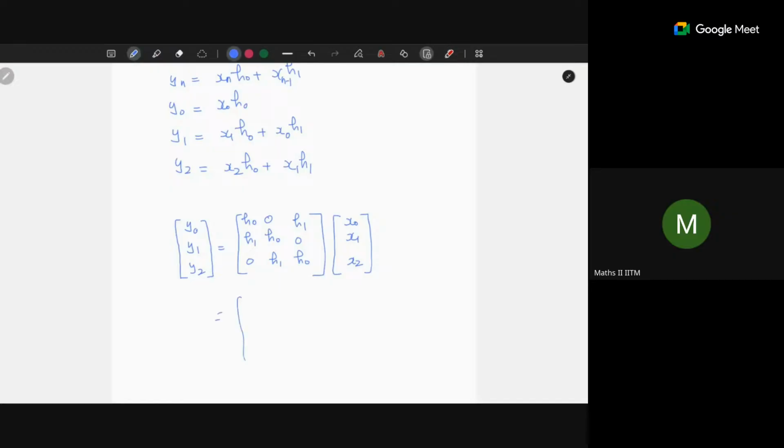So let me just try. There's a 4 cross 4 matrix.